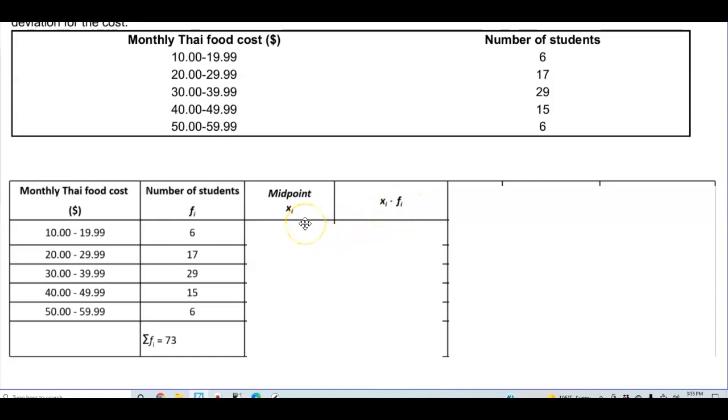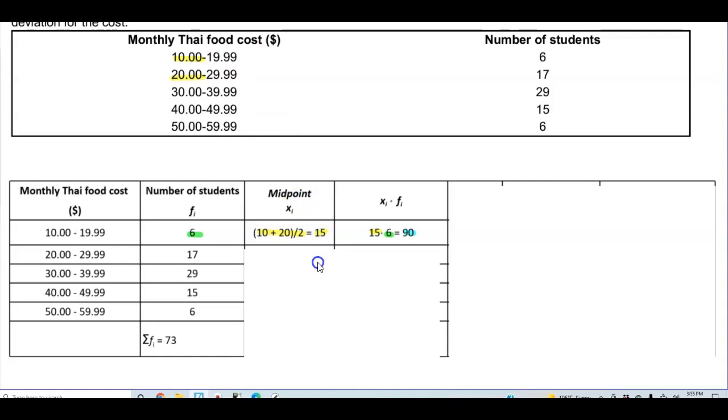Now, how do we find the midpoint? Well, the midpoint is the sum of the lower class limits divided by 2. So we take 10 plus 20 divided by 2 to give us 15. Then we multiply this 15 by the frequency of 6 to give us 90.